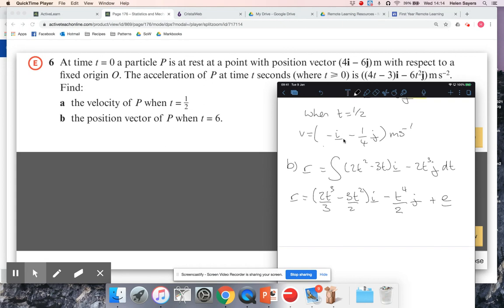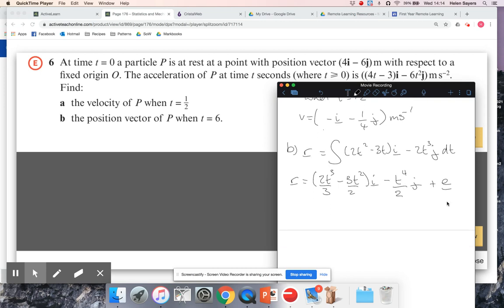Okay, so looking at the position vector now, they tell me that the initial position is 4i minus 6j. So this time round, my constant is not going to be 0. So when t is 0, r is 4i minus 6j.